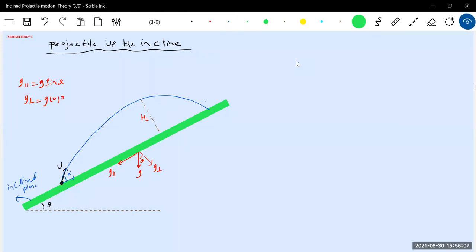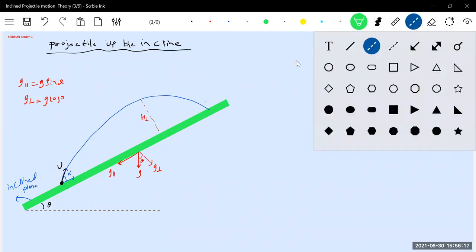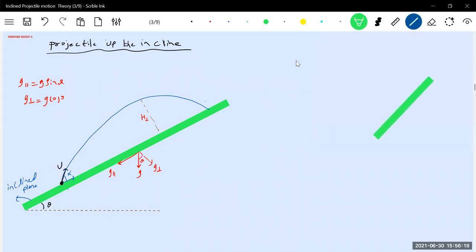What we are doing is projecting that. Sir, can I project normal? If you project normal, how will it move? The two trajectories are what I show.